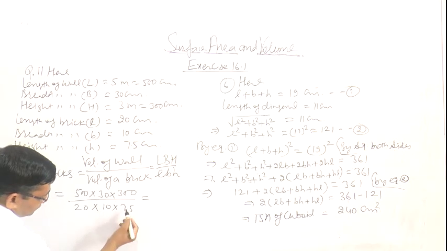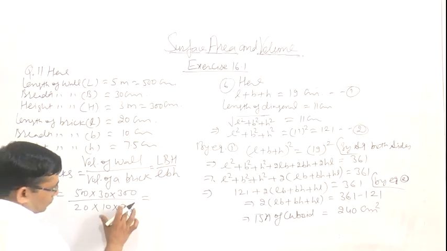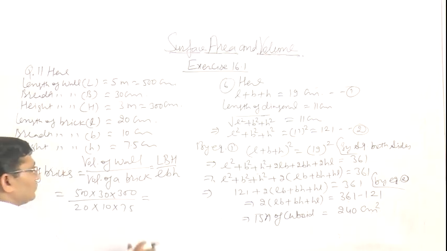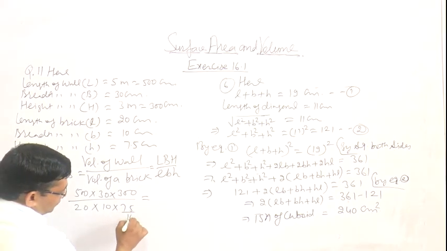First we change the 7.5, so we can write 75 upon 10.